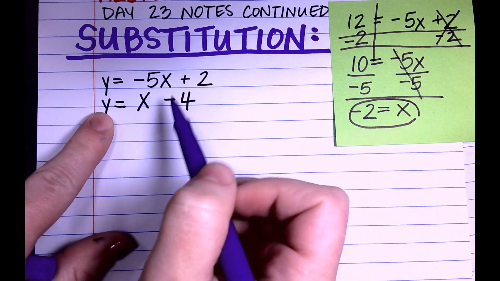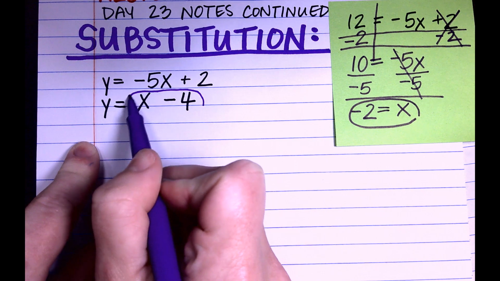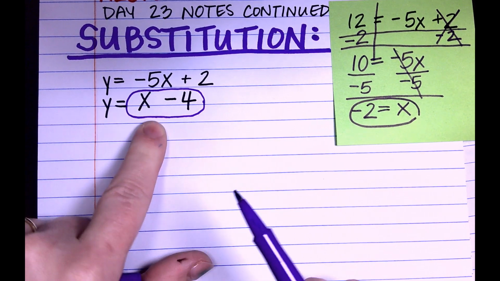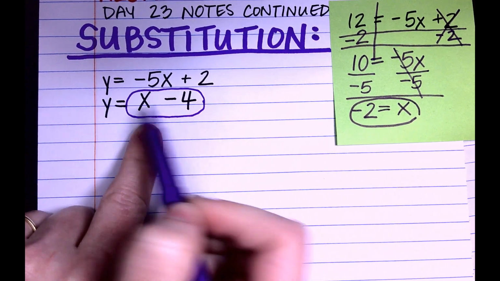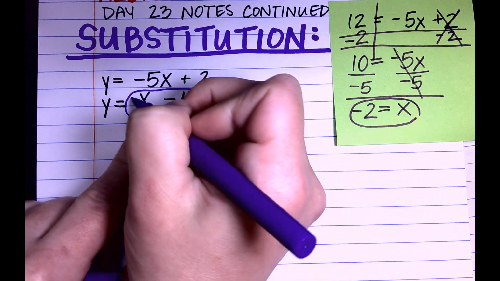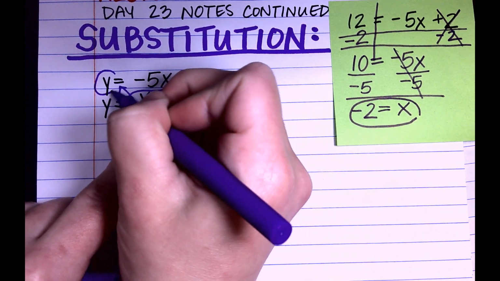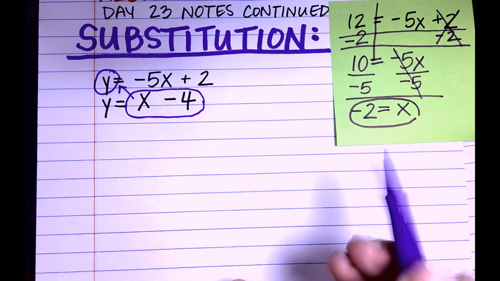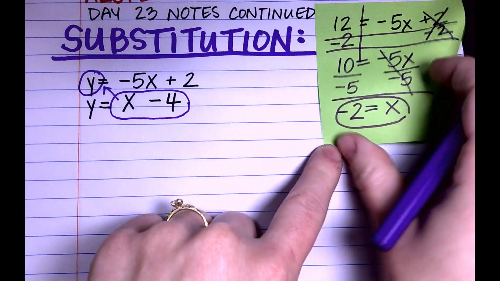So what if I did this? What if I took this x minus 4? Because my second equation tells me this is equal to y. And what if I replaced it with that y? Here's what that would do.